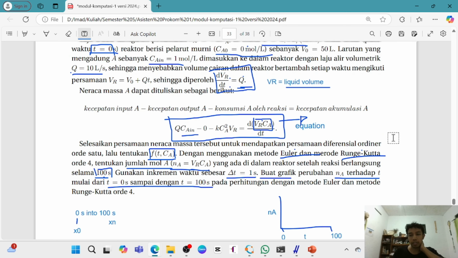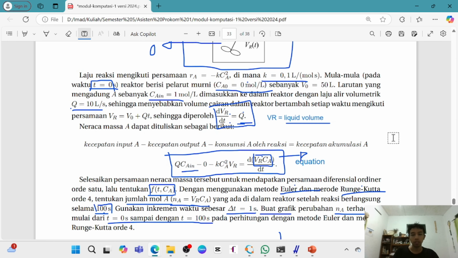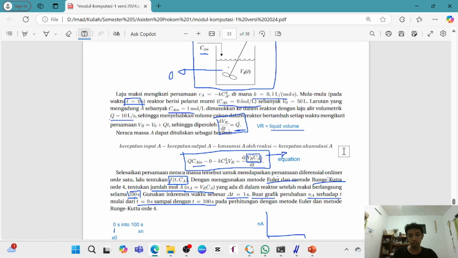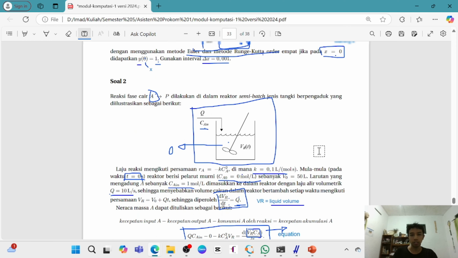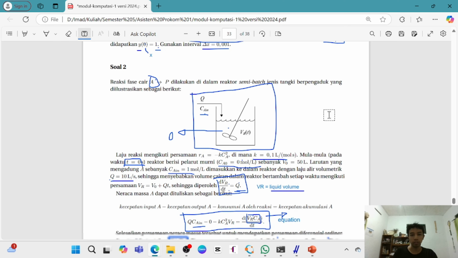The concept is like in problem one, we just have to put the values into the equation, then we calculate the equation just like in problem one.